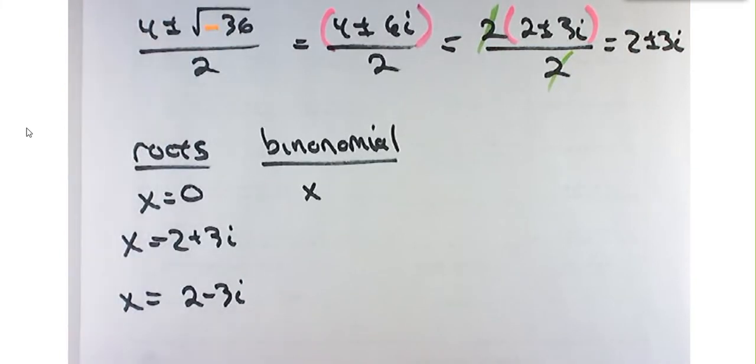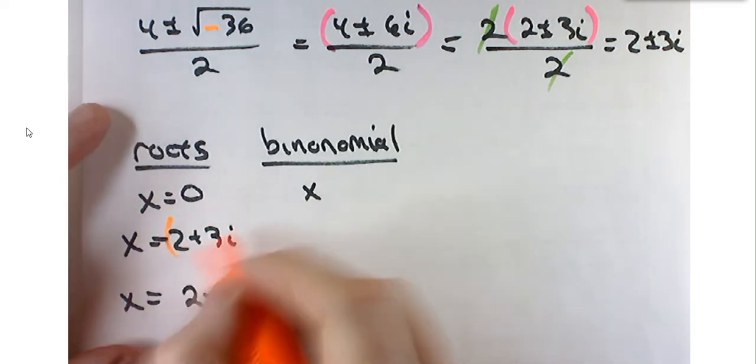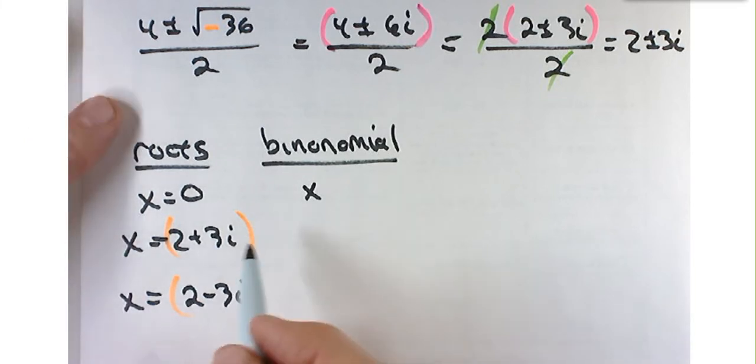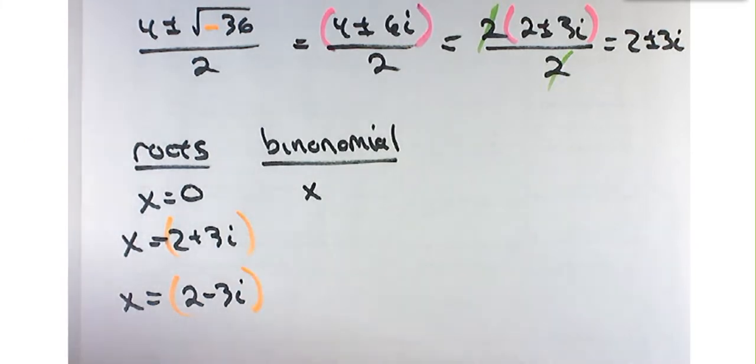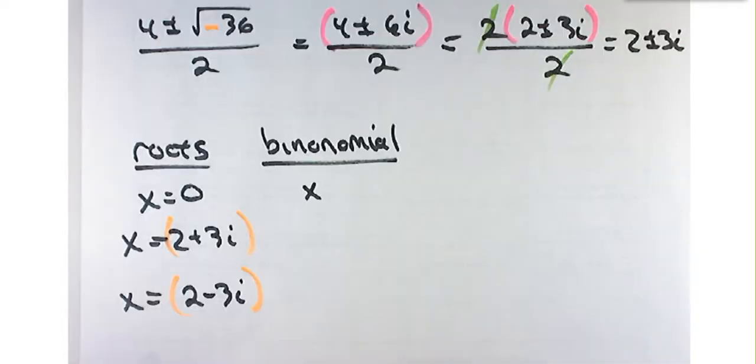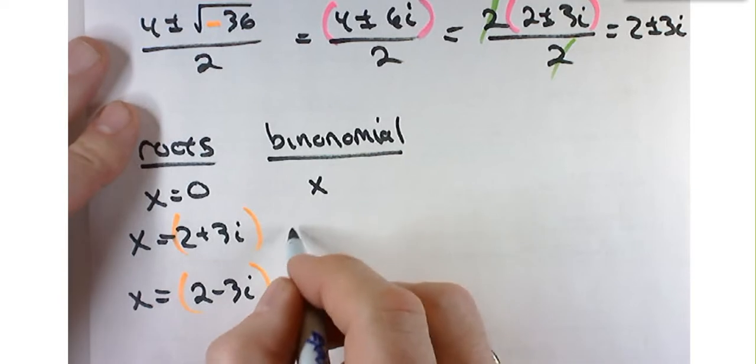Now I'm going to regard these as kind of one whole term. I'll give you a couple options. But if I play my usual game, kind of like I did back here when I moved the 3i to the other side and the negative 3i to the other side to get the binomials, if I play my usual game, then it's going to look like this.